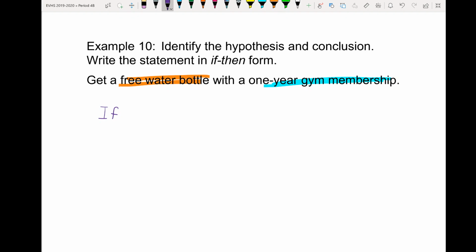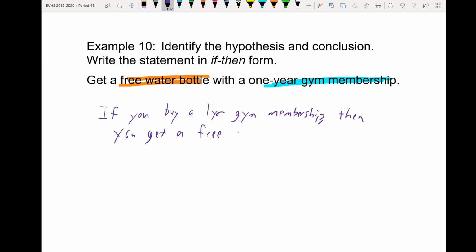Okay. So if you, and I said some word membership here, but I'm going to go ahead and use wordsmithing. I'm going to put the word buy in there, even though it doesn't occur, because if you buy a 1-year gym membership, then you get a free water bottle.